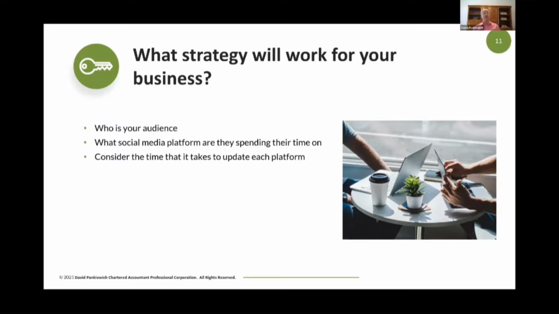And there are different ways for you to find out what platform they're on. You can speak to your existing clients that are the type of clients you're wanting to attract. And you can ask them, what social media platforms do you find useful? Do you find helpful in your business? Perhaps that's giving you a hint to what social media platform to get involved in. Or maybe there's a trade association that your ideal client belongs to.